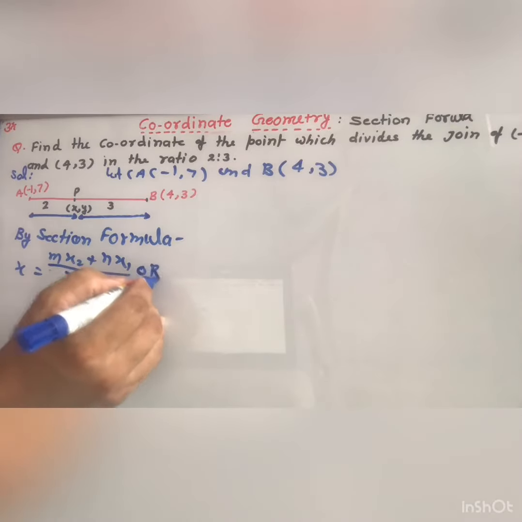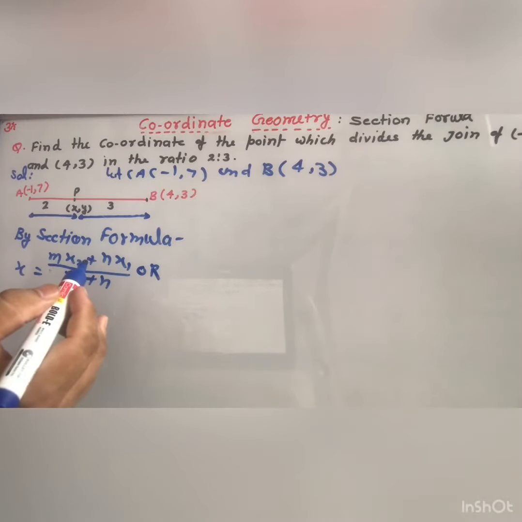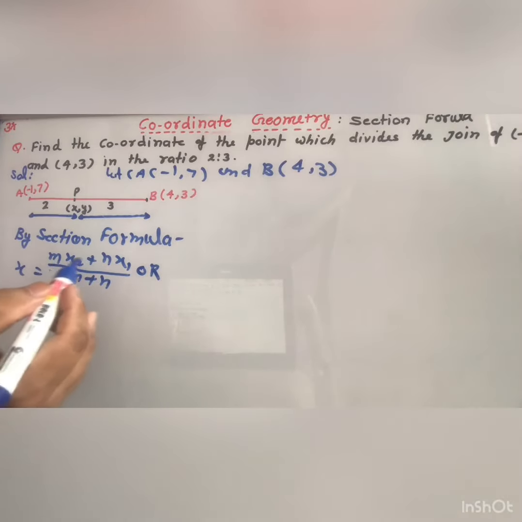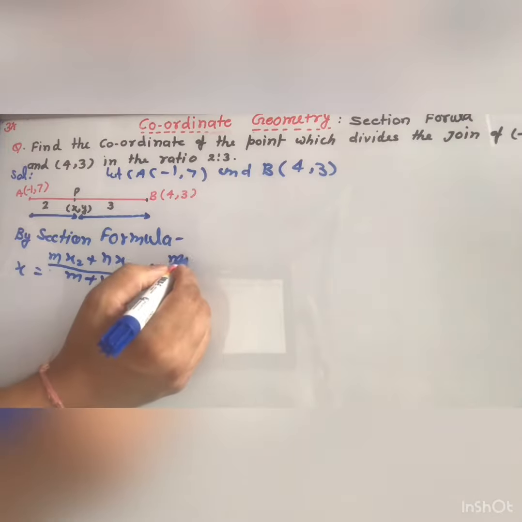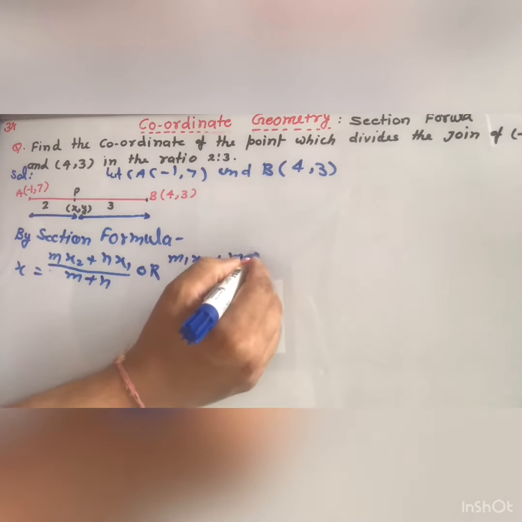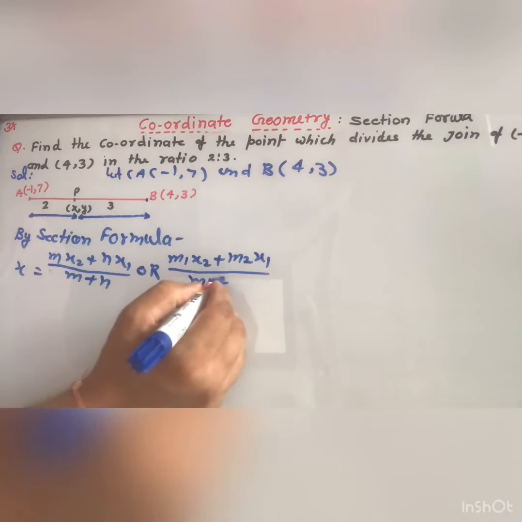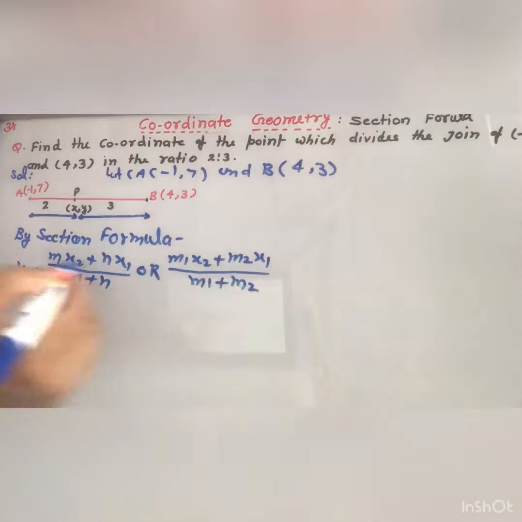Or this is also written as x equals m1x2 plus m2x1 divided by m1 plus m2.